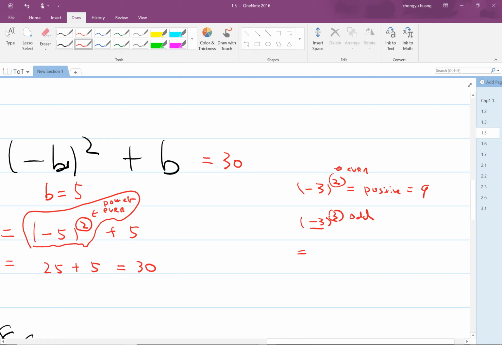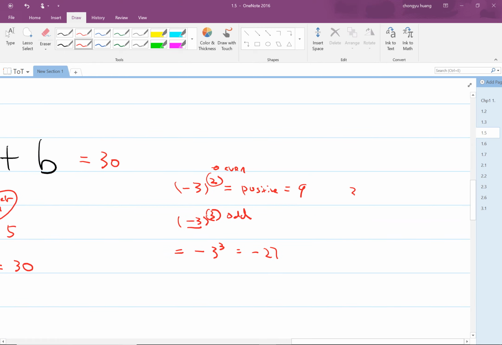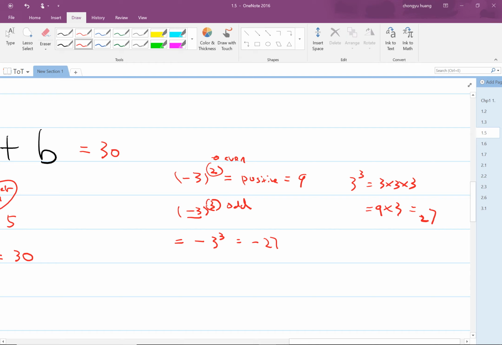Whenever you see a negative integer with an odd power, you know the solution will be negative. So 3 to the power 3 is 3 multiplied by 3 and then multiplied by another 3, so it's 9 multiplied by 3, which is 27.